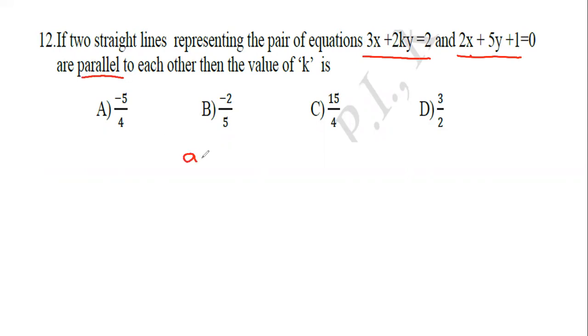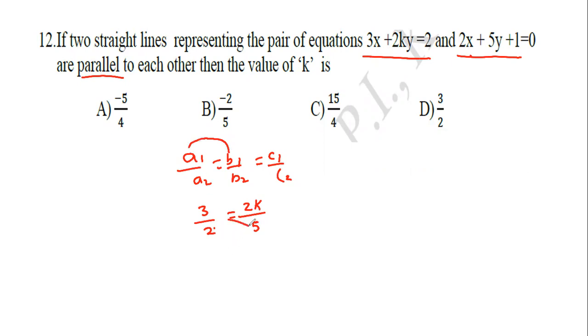Parallel means we know the equation a1 by a2 is equals to b1 by b2 not equals to c1 by c2. Now substitute all the values. A1 is 3 divided by A2 is 2 is equals to B1 is 2k divided by B2 is 5. Only these two values are enough.